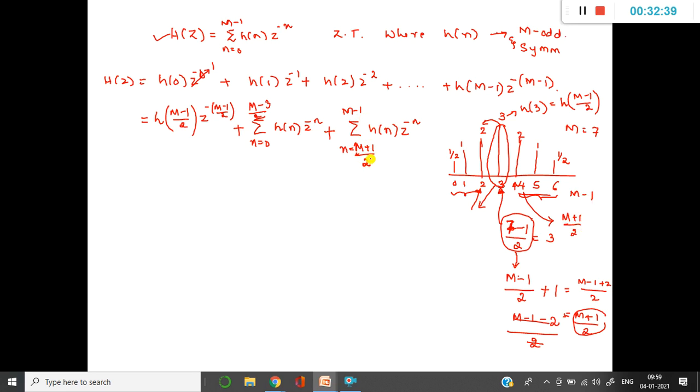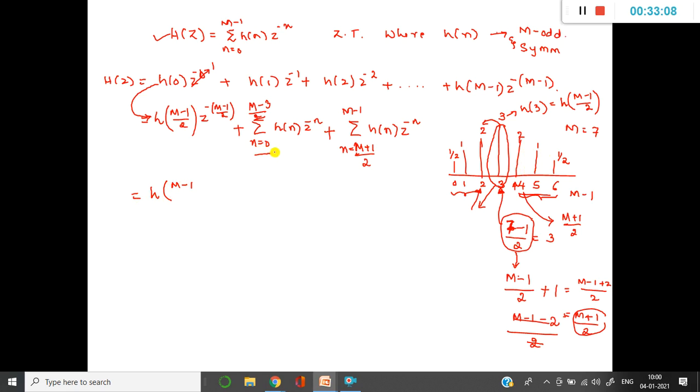Therefore (M plus 1) by 2 till the last, M minus 1 samples. So this is how I come from this step to this step, where I took the middle component separately, the first half sequences before the middle sample, and the next half sequences after the middle sample. That's it.